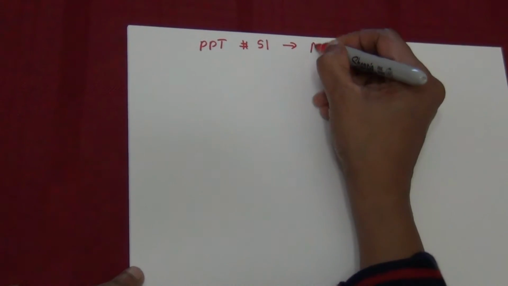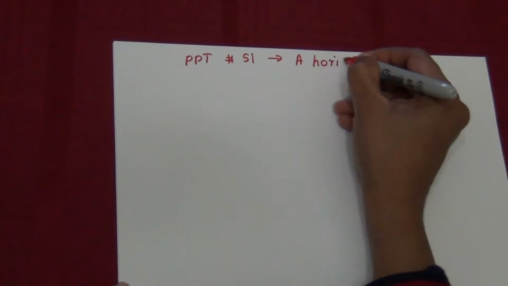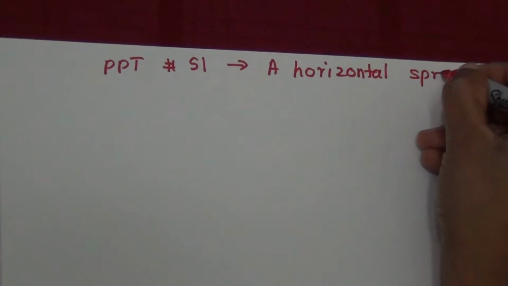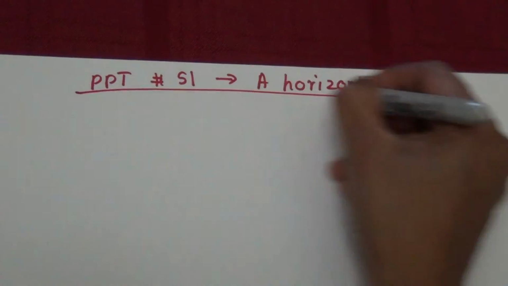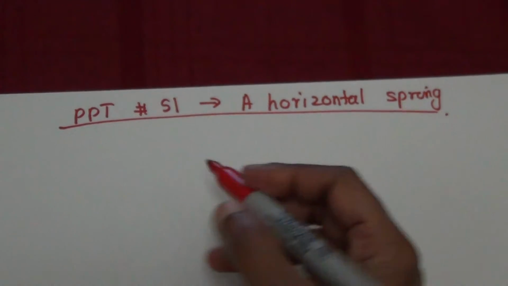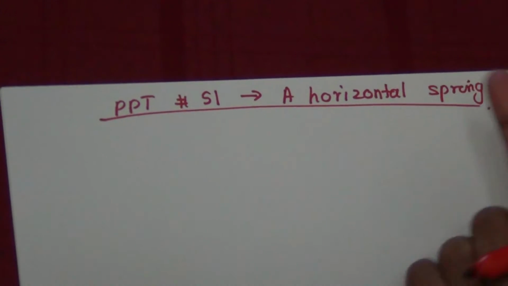The title is a horizontal spring. This is going to be my last one. As earlier, pause the video, go back to the problem, read it, and then you can come back.